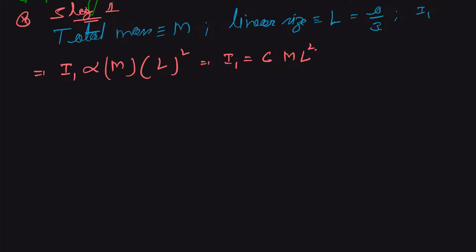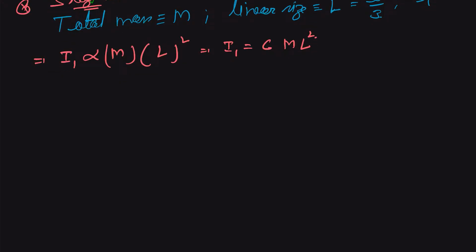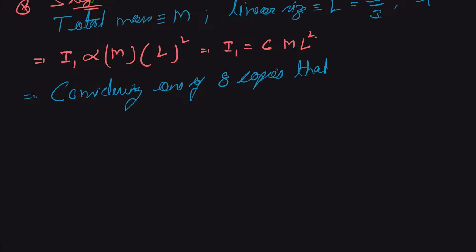So from stage 1, let us consider one of the 8 copies that appears in the next stage, which is nothing but stage 2.